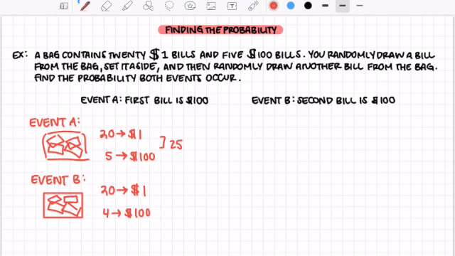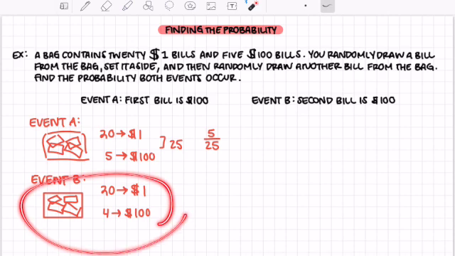So if I'm going to be looking at the probability of drawing a $100 bill in my first event, we would start off with 5/25, because we have 5 $100 bills out of 25 bills overall.